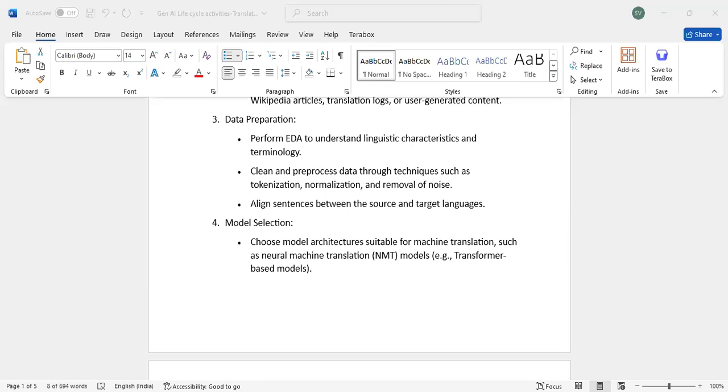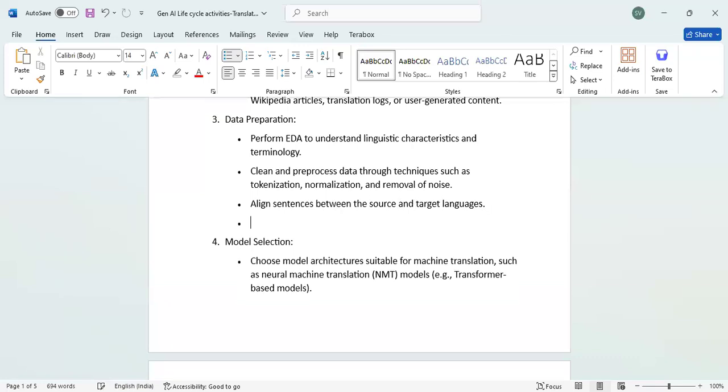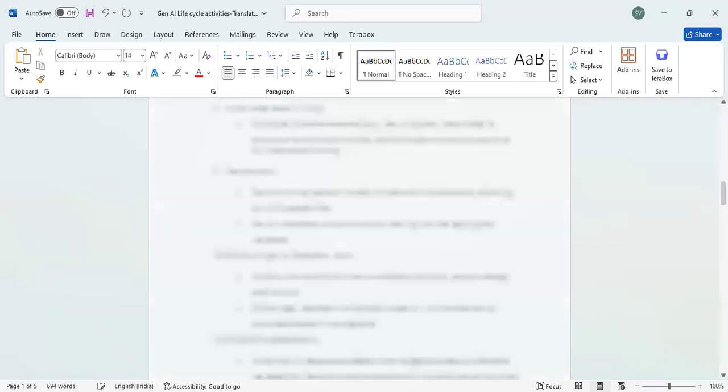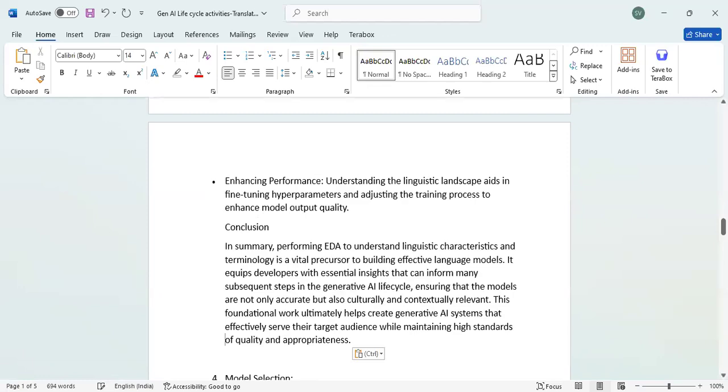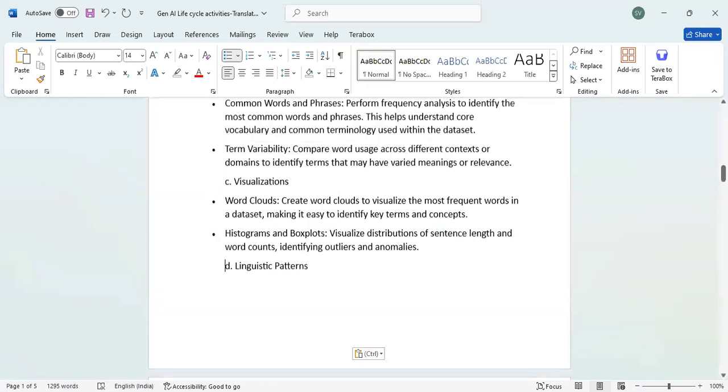Or what we can do is I can copy this here, just for our idea. Later we can erase it.